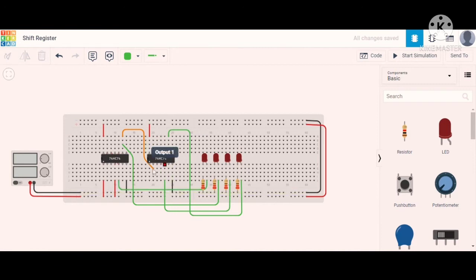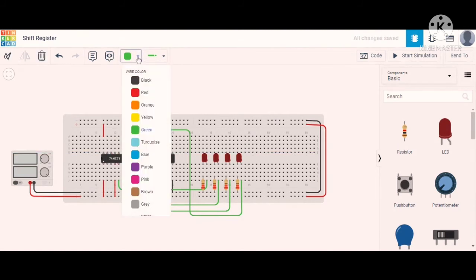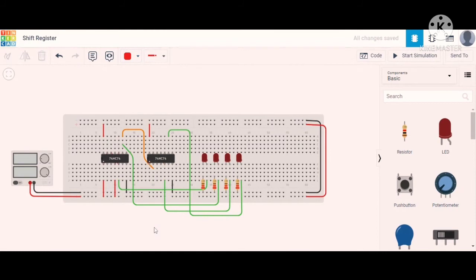So now what to do after that? This one is the reset pin. That reset is internally shorted to the reset of the other flip flop, and I am giving the wire the color red.